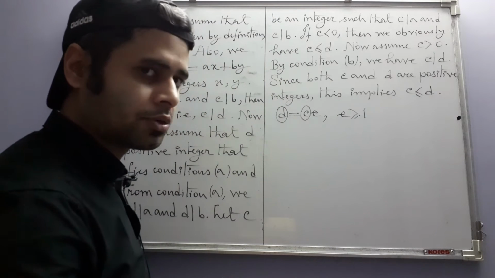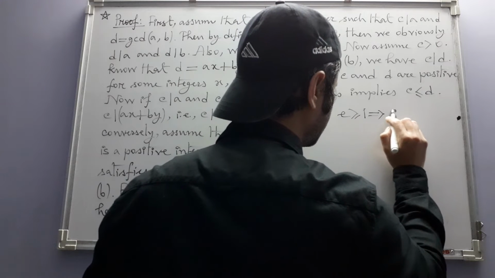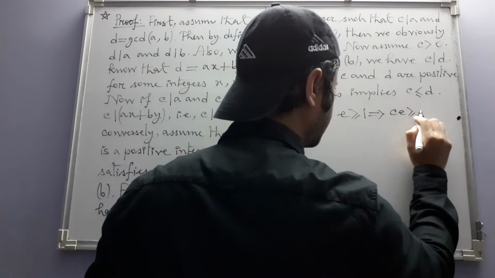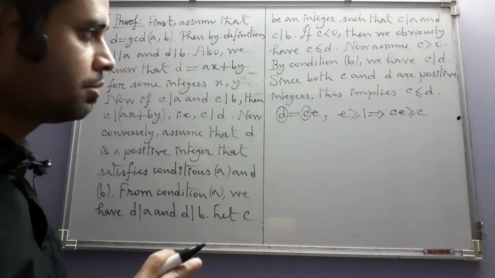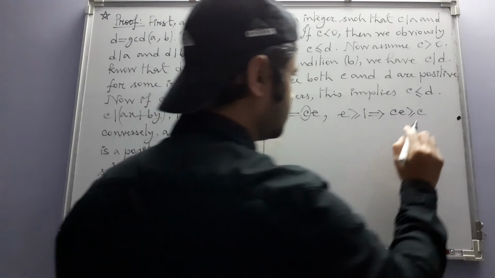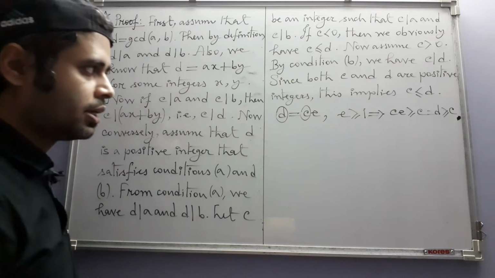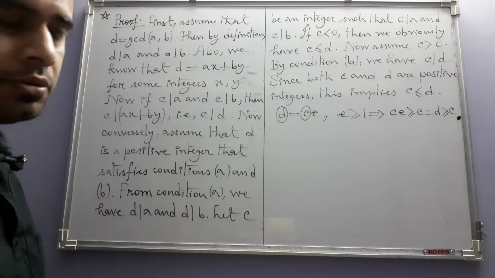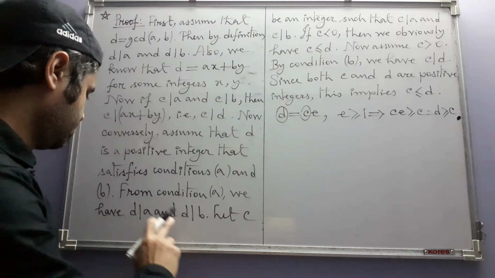Now multiply on both sides by C, you will get CE greater than or equal to C. And note that the inequality has not got reversed because C is positive. So that's how you get D greater than or equal to C. But now see what we have ultimately got.